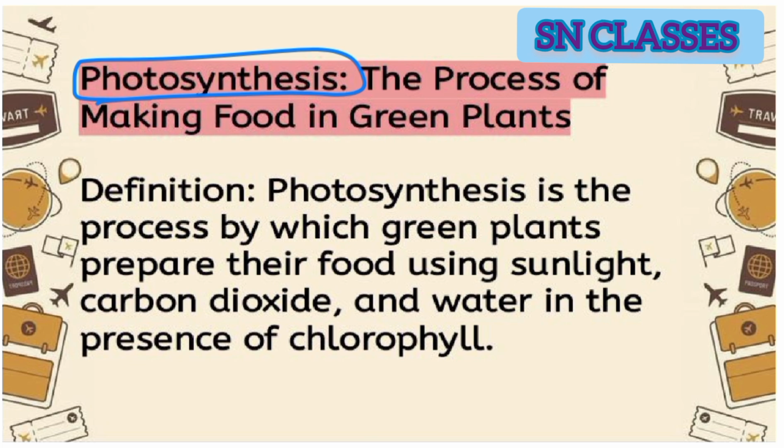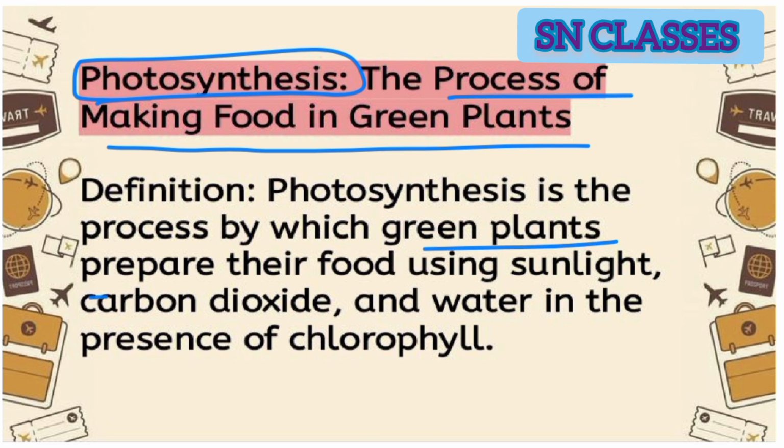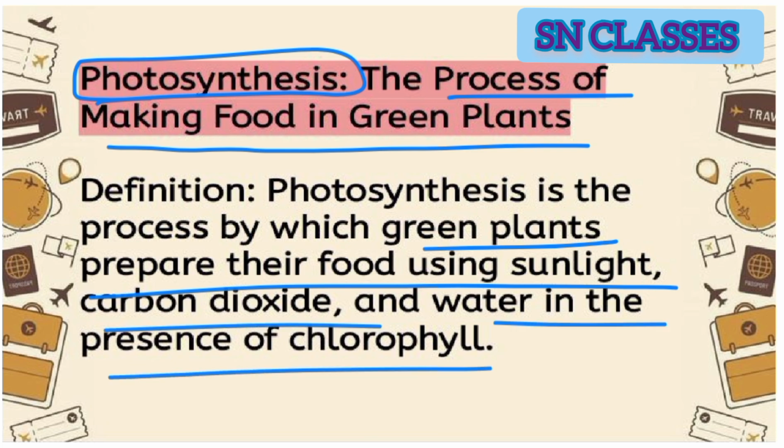So photosynthesis means what? It is a process where the organism makes food in all the green plants. The clear definition is: photosynthesis is a process by which the green plants prepare their own food using sunlight, carbon dioxide, water and the presence of chlorophyll.